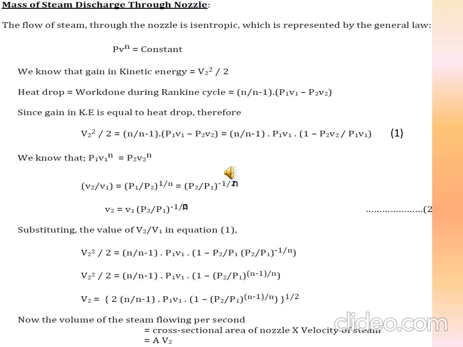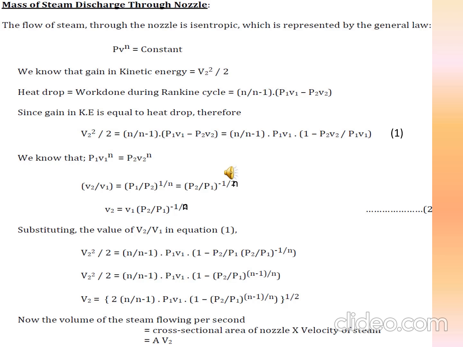Or else, if we cross-multiply by 2, then V2 equals the square root of 2 into n by n minus 1 into P1 V1 into 1 minus P2 by P1 to the power n minus 1 divided by n. Okay. So this is the value of V2.